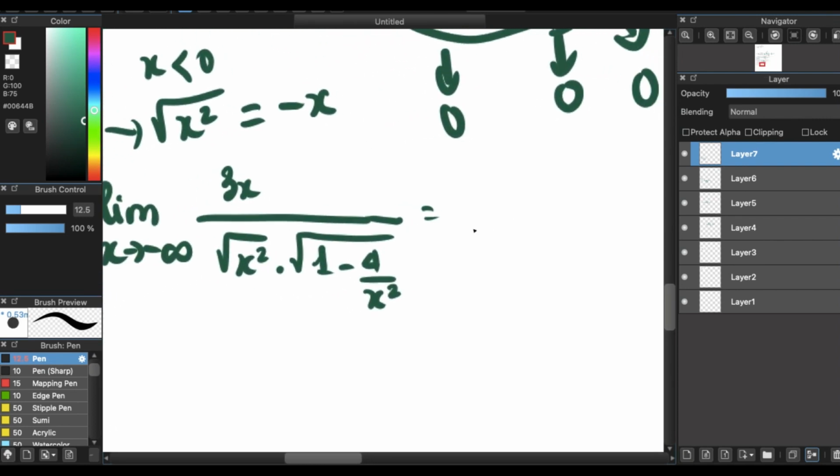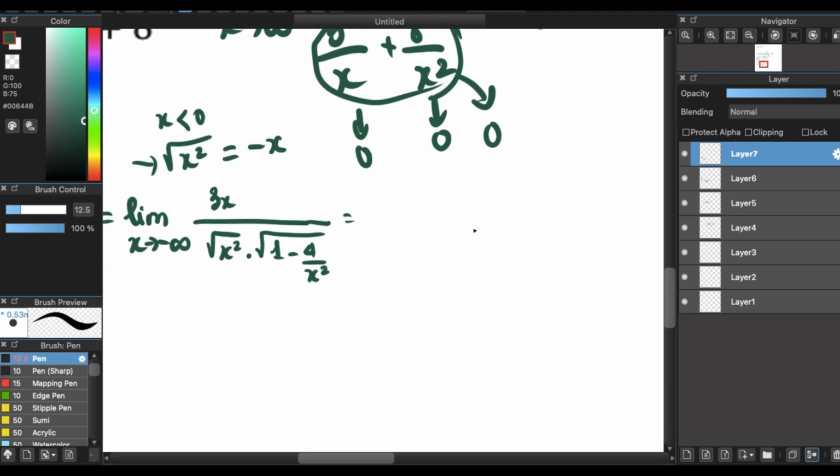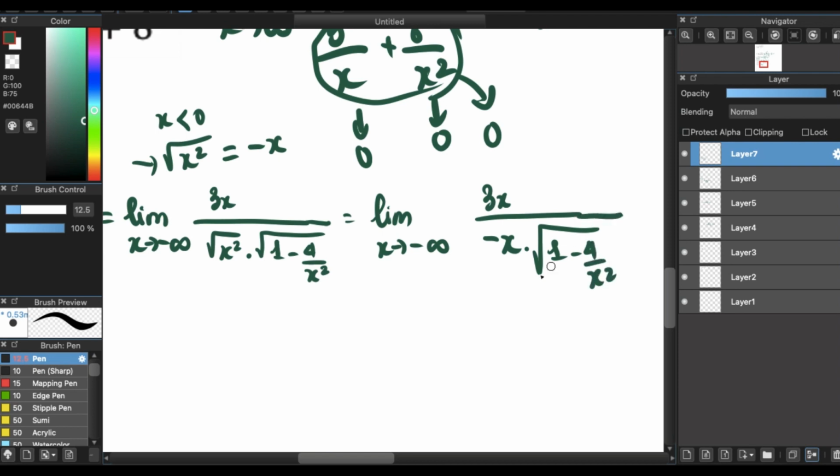So we're going to write it like this. It's equal to 3x over minus x and the rest of the function. Okay, here you can see that this is reaching 0, okay?